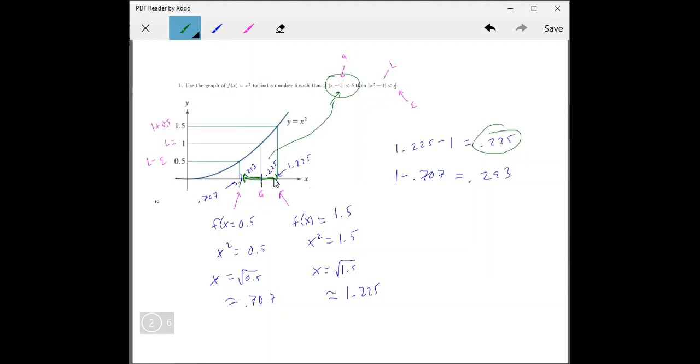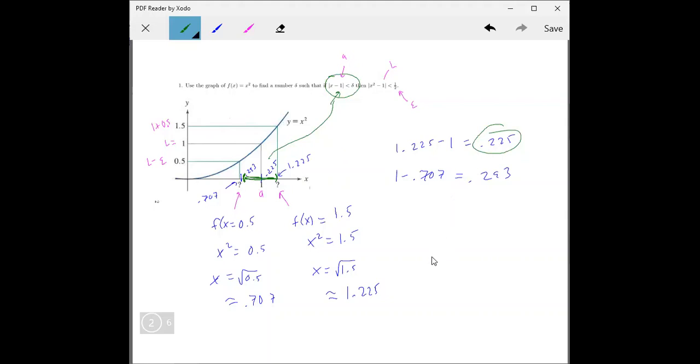Every single point in here gives you a point in here from 0.5 to 1.5. If we went with a larger value, then this would come out here, but these points give you values that are more than 1.5, so that wouldn't work.